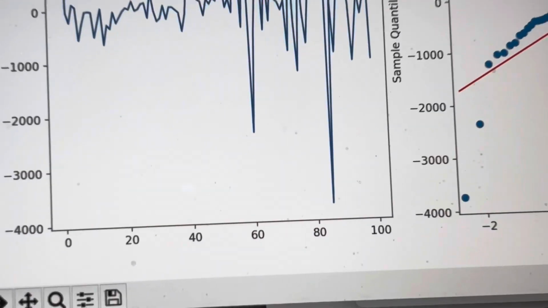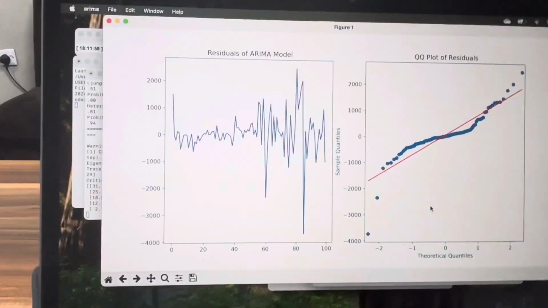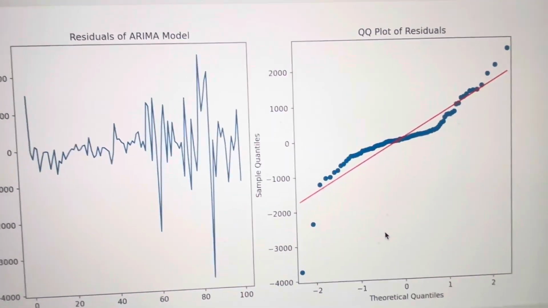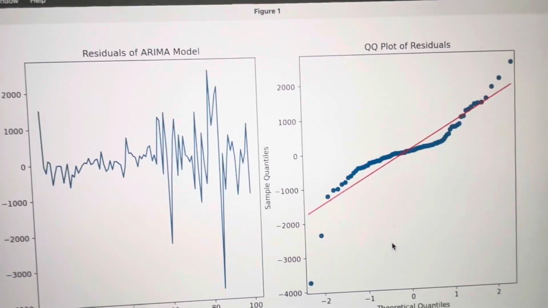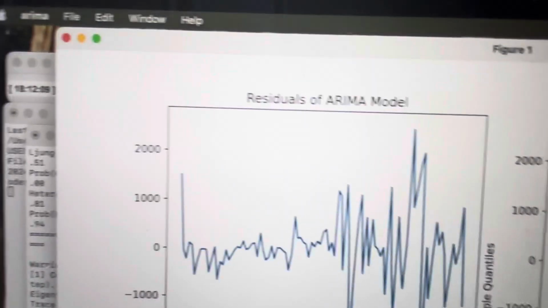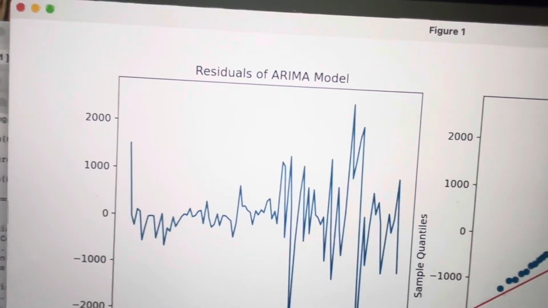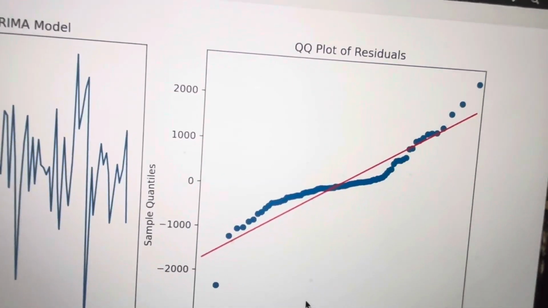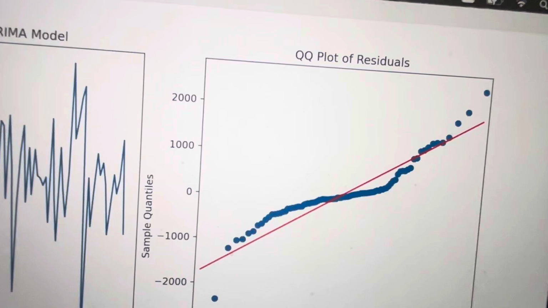This is the plot produced by ARIMA. This looks good. The first one is the residuals of ARIMA model, and then the second plot is the QQ plot of residuals.